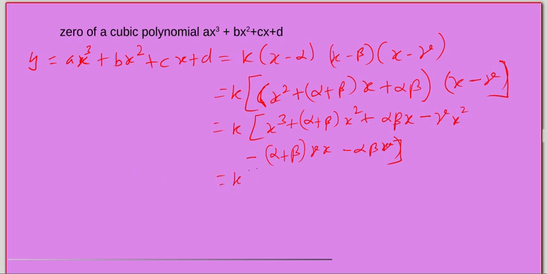Okay. So now we will bring all x square, x and constant terms in order. So k into x cube, we have only one term, so let it be x cube.